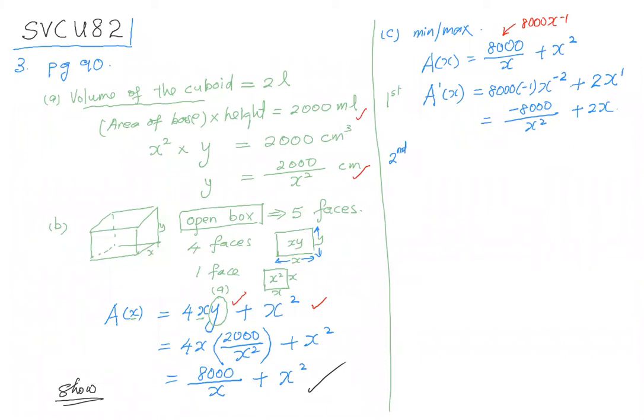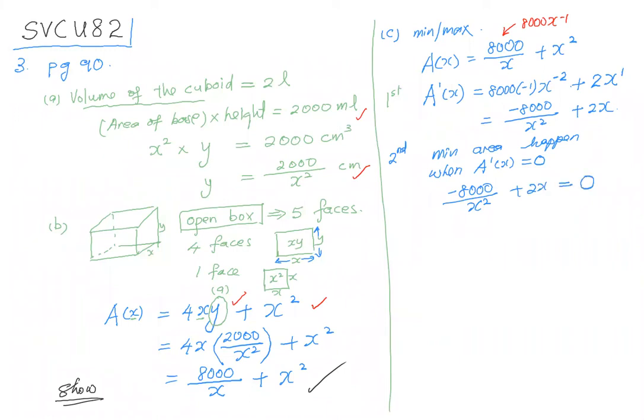I have to let A prime x equal to 0, for the minimum area to happen. Always write this statement to remind yourself. When A prime x equals 0, I've got -8,000 divided by x squared plus 2x is equal to 0.